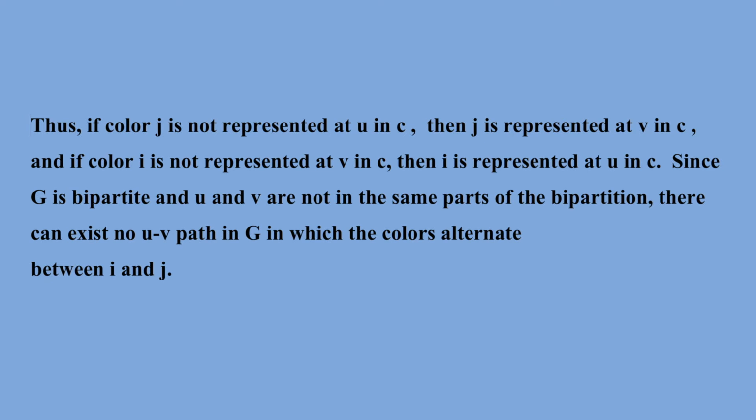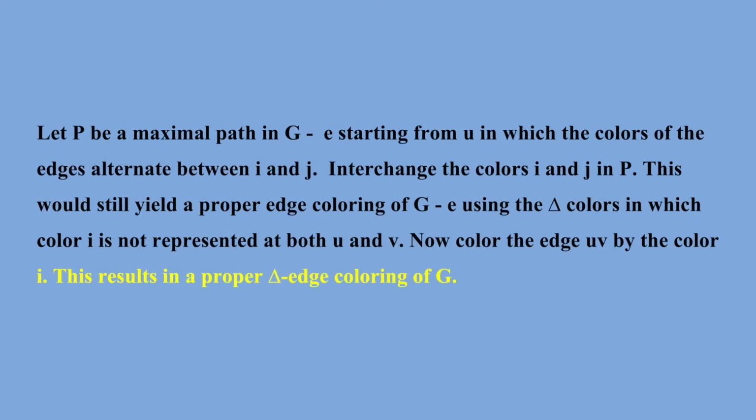Since G is bipartite and u and v are not in the same parts of the bipartition, there can exist no uv path in G in which the colors alternate between i and j. Let P be a maximal path in G minus e starting from u in which the colors of the edges alternate between i and j.